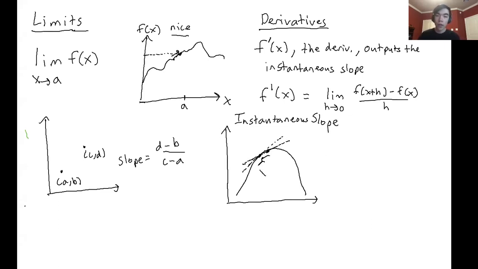If this left point is x comma f of x, and this right point is x plus h comma f of x plus h, then if I apply the slope formula to these 2 points that are very close to each other, I get this. This thing is just a slope formula.